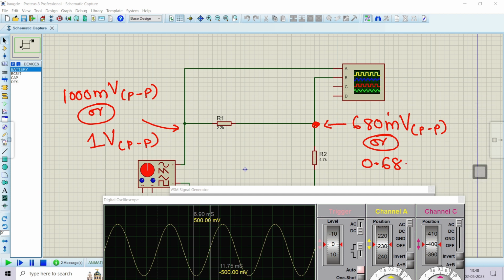Okay, that means 0.68 volts peak to peak, obviously. So I hope that you understood what I wanted to conclude to you all guys.